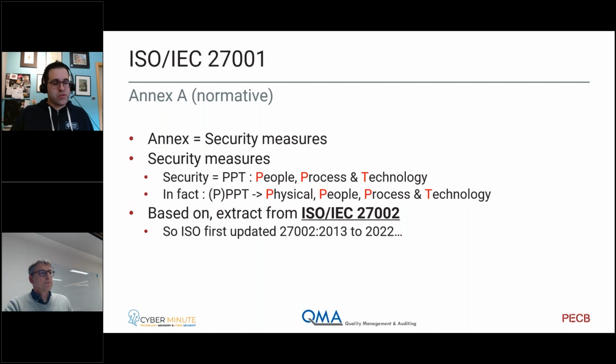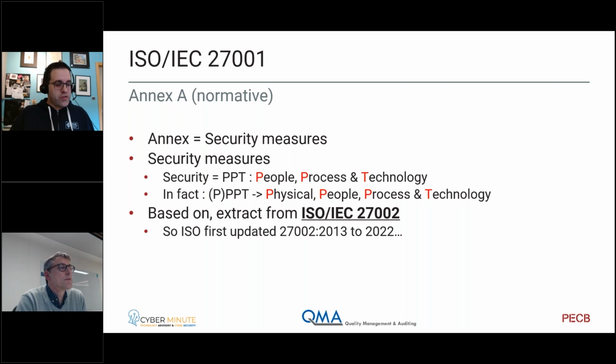And you will also see, which we will discuss later on in this presentation, that the new organization of the document will not only have people, process, and technology, the typical PPT, but now we will go to 3P, the triple PT, because there will be a separate section for physical. So not only people, process, and technology, but also the physical is now more present.